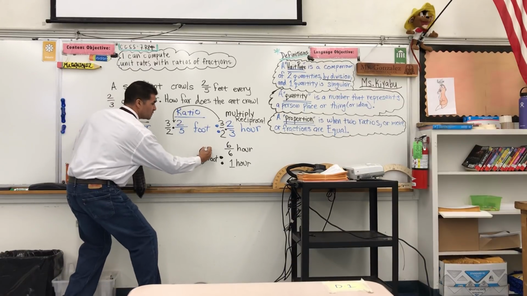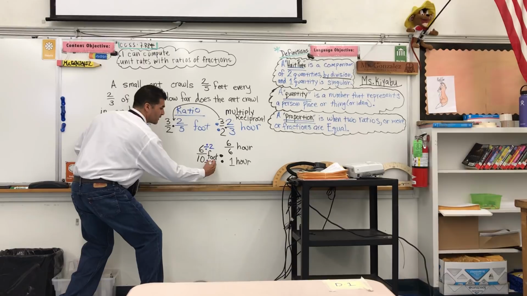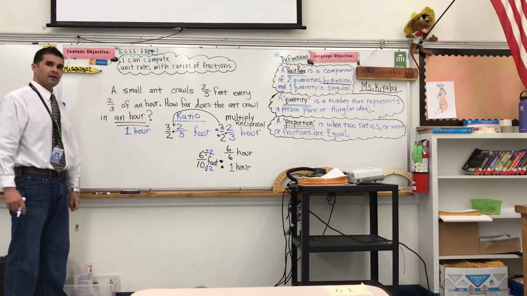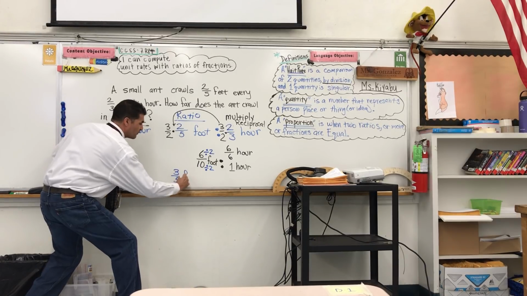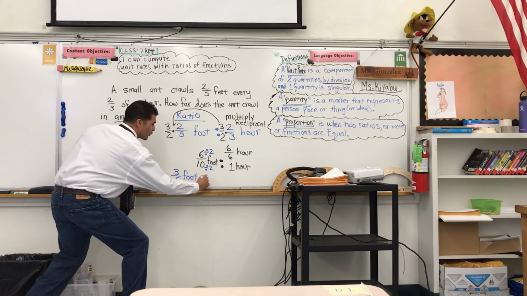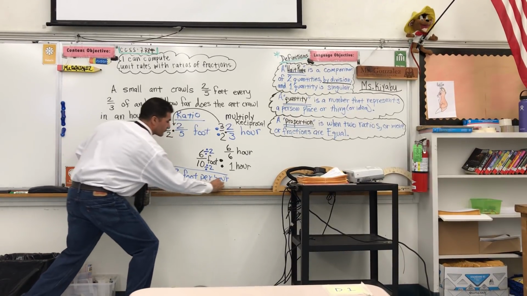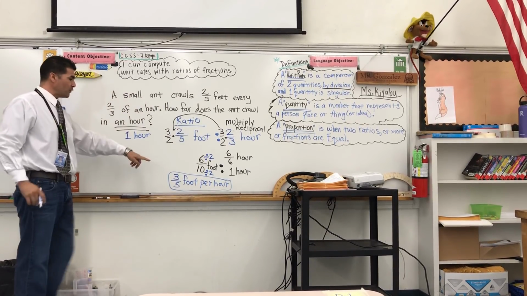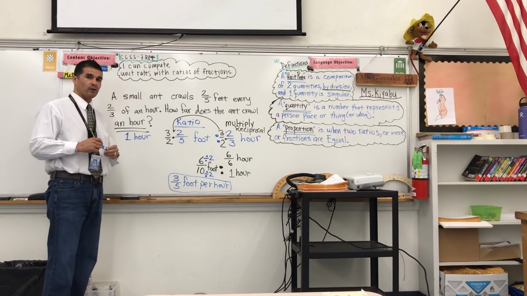So I'm going to reduce both of the numerator and the denominator by dividing them by 2. This is going to give me the ant crawls 3/5 of a foot per hour. And now you know how many of a foot this ant crawled every hour.